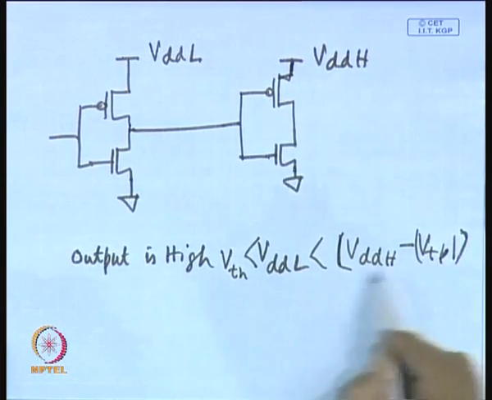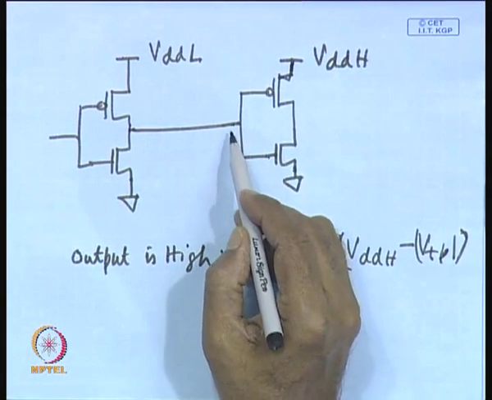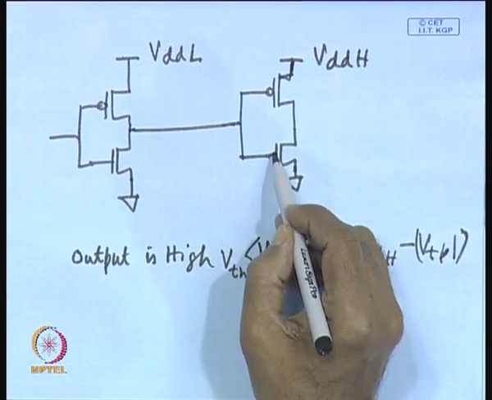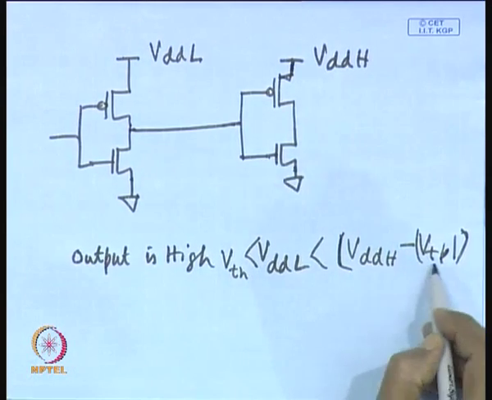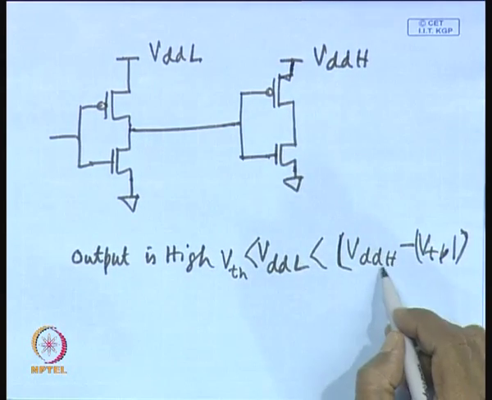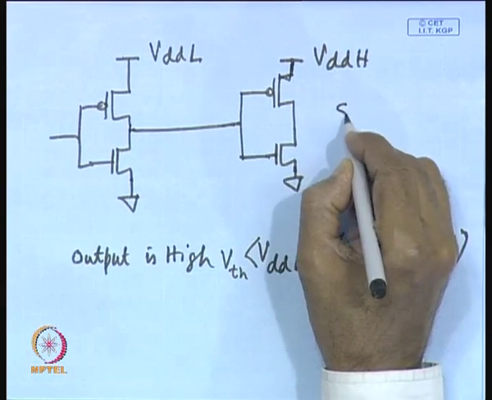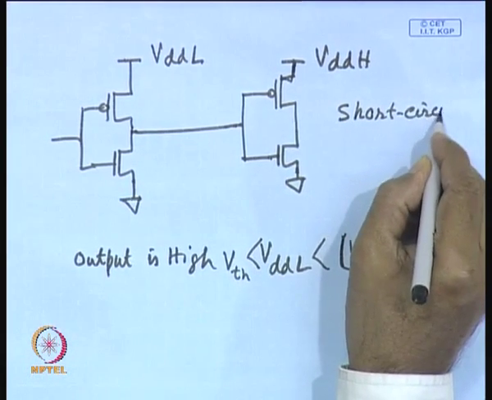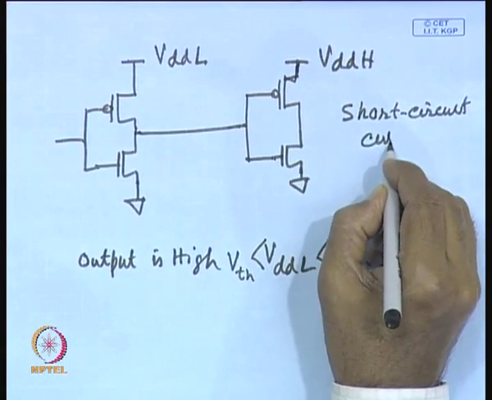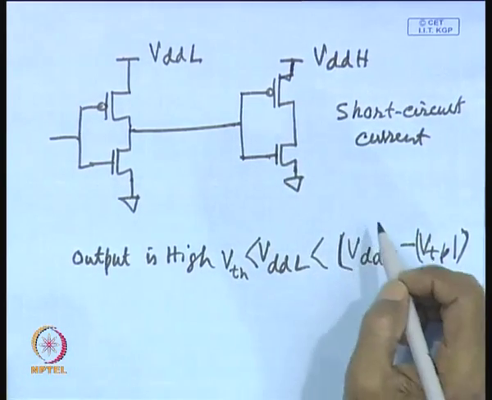If this happens, the high level voltage here is higher than the threshold voltage of the NMOS, but this PMOS transistor also remains on, because the voltage is less than VDDH minus VTP. So, this will lead to what is known as short circuit current, as you know. There will be short circuit current, and this will lead to very high power dissipation. This is one problem we shall face.